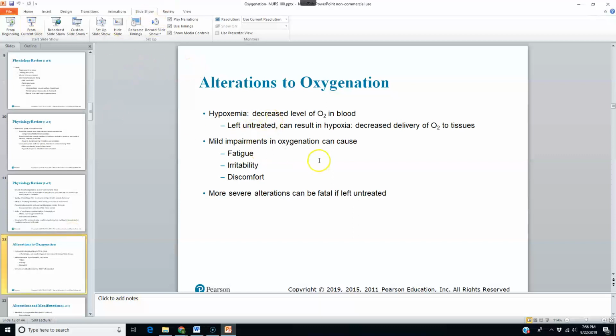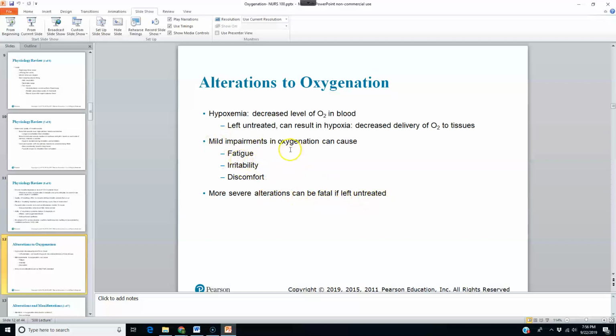These are sometimes the first signs of impairments in oxygenation. Patient may begin to become fatigued, irritable, or just face general discomfort. And more severe alterations can be fatal if left untreated, because these will start to deteriorate if you don't do anything about it, okay?